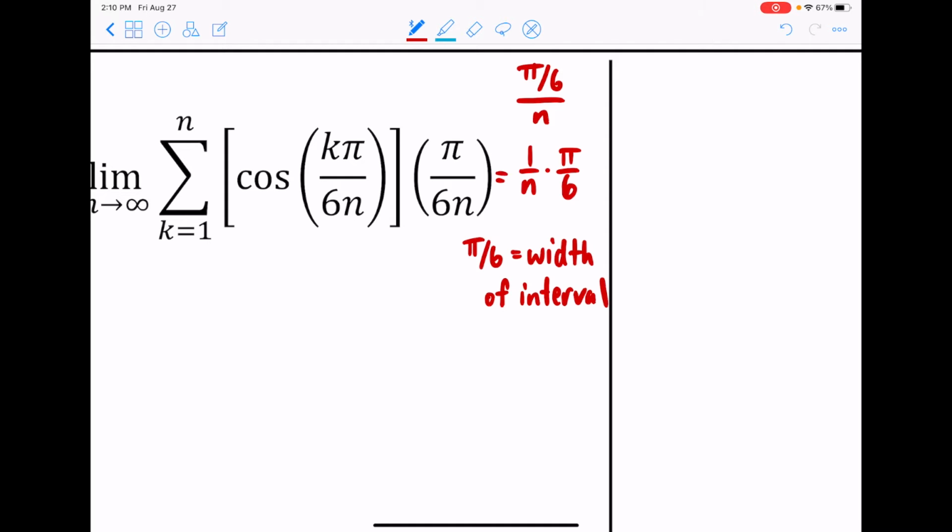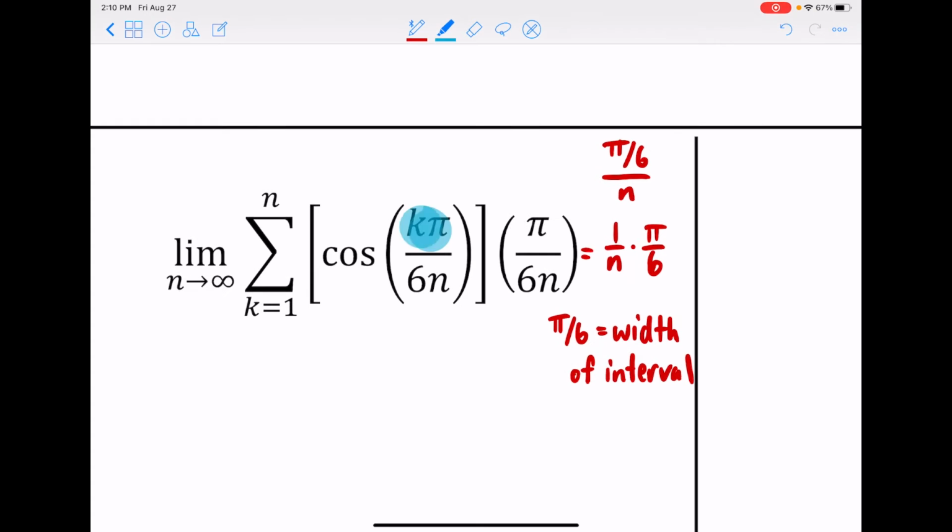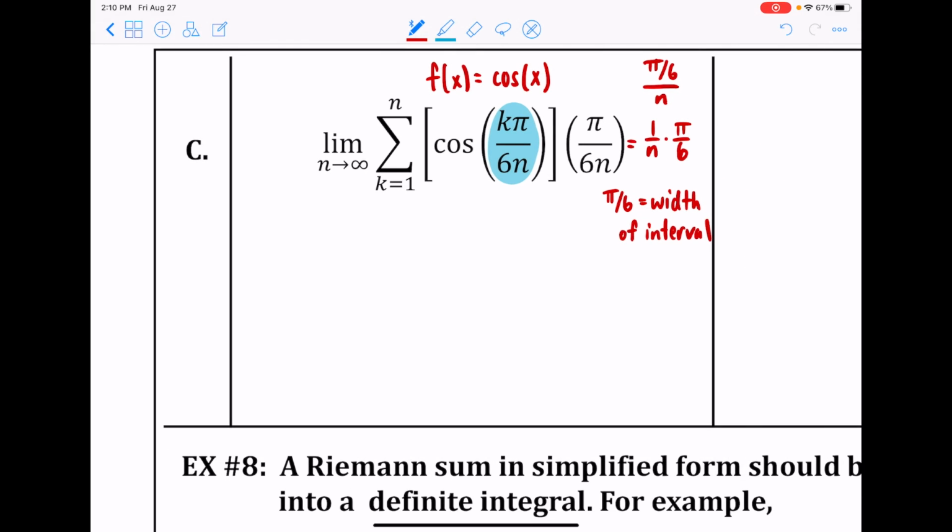Now we need to come in, and this is our function right here. It looks like a pretty basic f of x is going to be cosine of x sub k. So this right here is x sub k. That means we need to think our way backwards here.